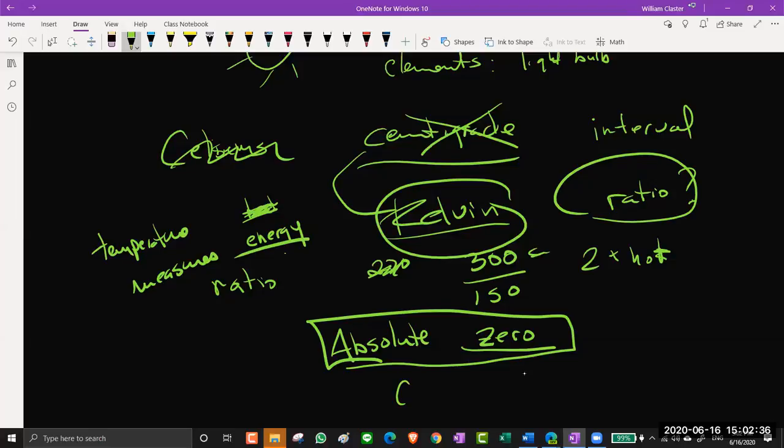But for centigrade, what does zero mean? Does it mean zero energy or zero heat? No. It just means the freezing point of water.